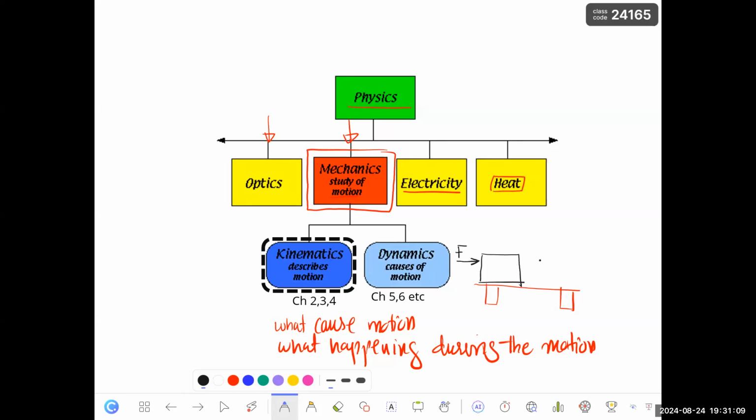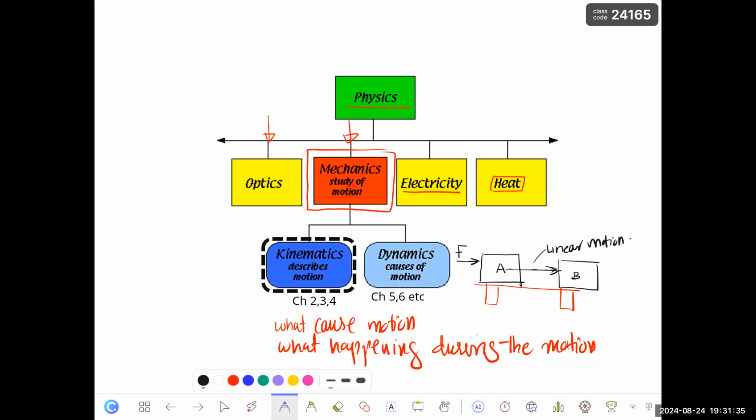Now this block or box is displaced, moving from this location to that location. I can call the locations A to B. Now A to B is a straight line, so I can consider this a linear motion because it is linear, in one direction.